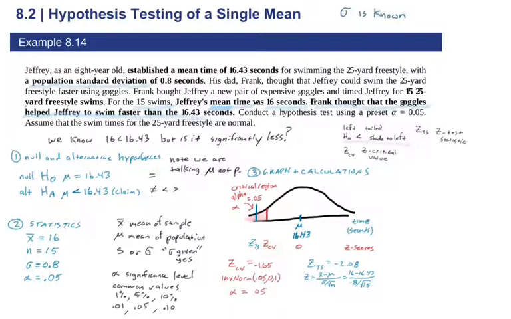So alpha is the area associated with that critical value. Well, then that test statistic is also going to have some area associated with it. We're going to call that the p-value. And in order to get that p-value, since we want to get area there, that's actually a normal CDF.